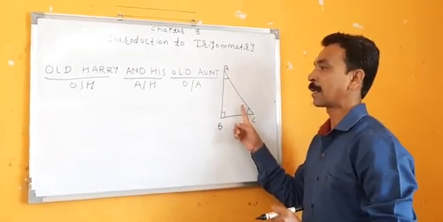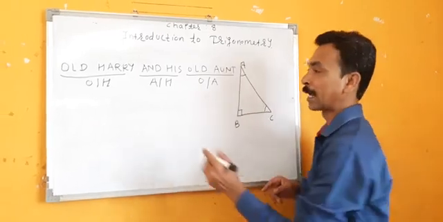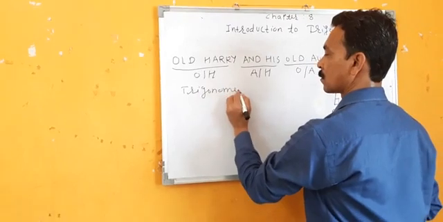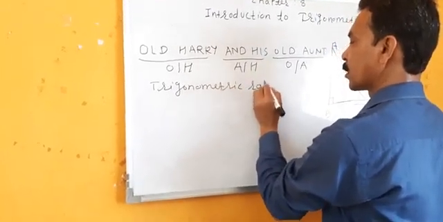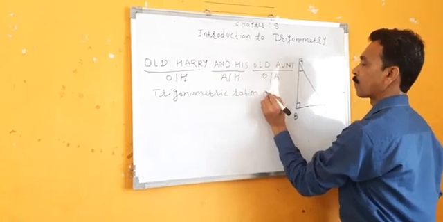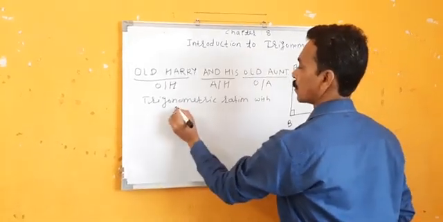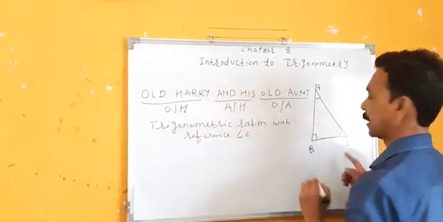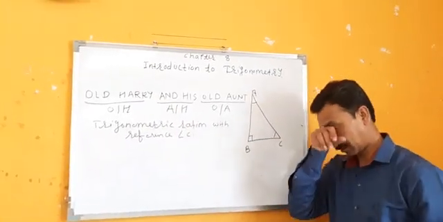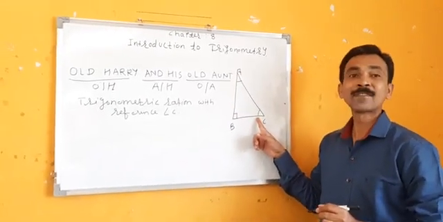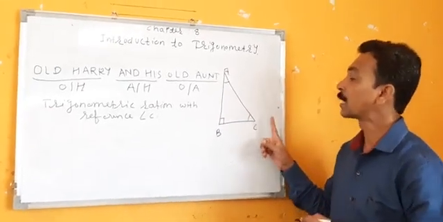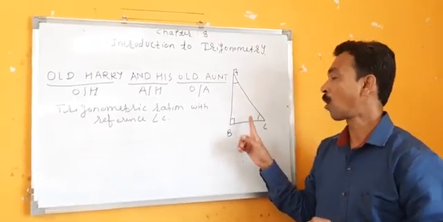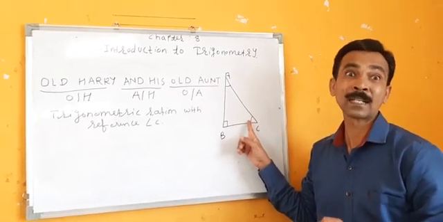I will write here trigonometric ratios with reference angle C. Now see here, if angle C is the reference angle, AB is the opposite side of angle C, because this is the reference angle.